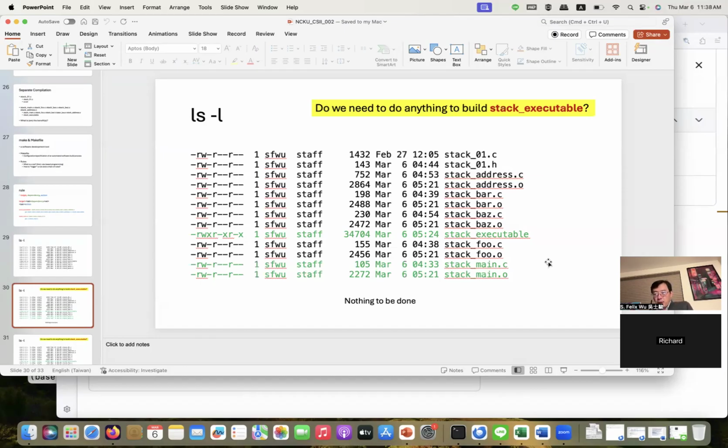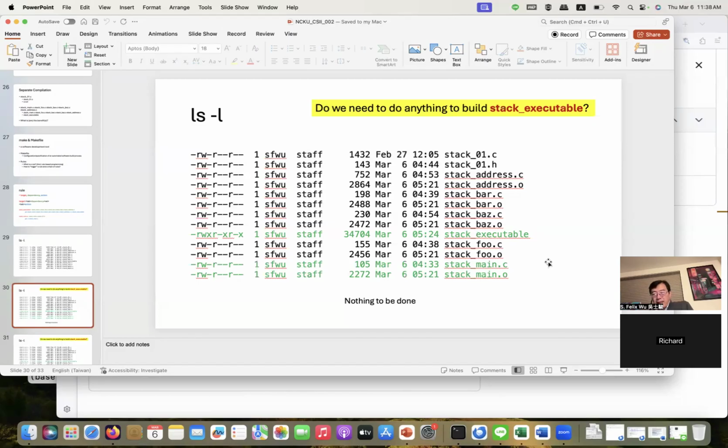This is a bit tricky, but I want you to answer this question among yourselves, because I cannot hear your answer. In this case, I only focus on these three lines.